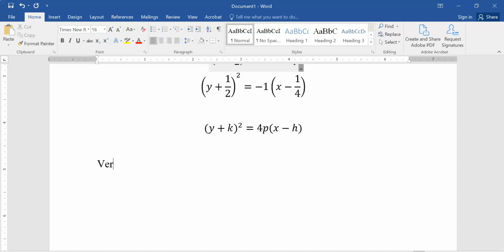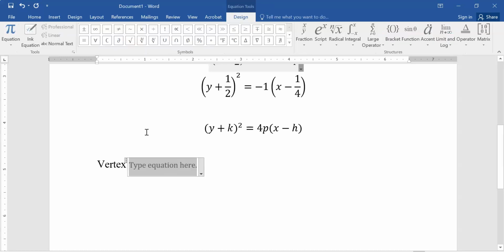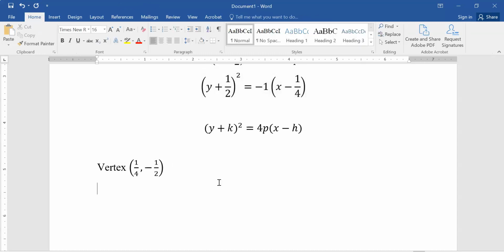Now I can just read off that the vertex has to be x as a 1/4 value. Y is going to have to be a negative 1/2 value. Again, remember that's a y minus k. And what's the value of p here?